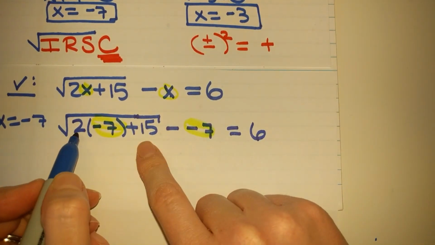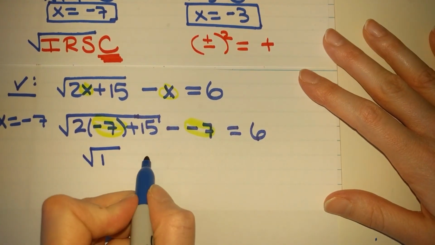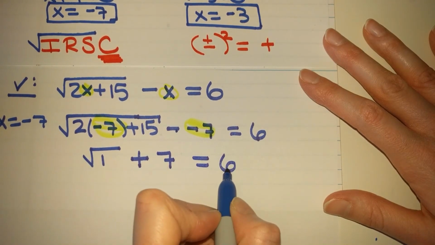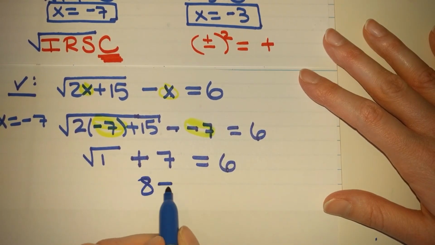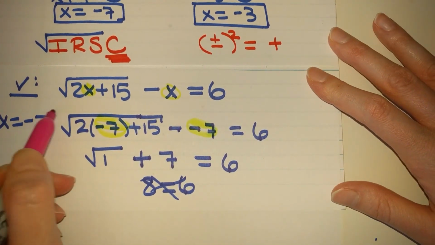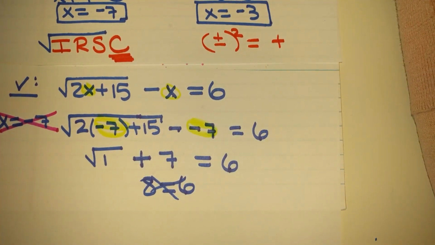All right, so here we have our -14 plus 15, so that gives us the square root of 1, plus, because of the double negative, 7 is equal to 6. So that's checking out to give us 8 is equal to 6, which of course is false. And so that tells us that this -7 solution is our extraneous solution. It does not check out.